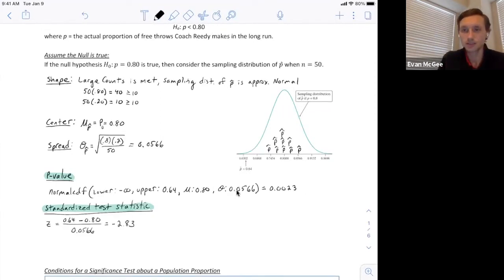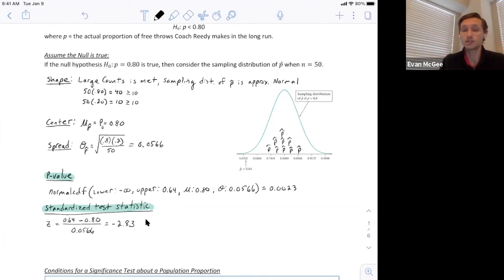The standardized test statistic, and it's standardized because it's the z-score. The standardized test statistic is the observation minus the mean of the distribution, which in this case is the null, divided by the standard deviation. And so we get a z-score of negative 2.83, which we should know right now is very far below the mean.